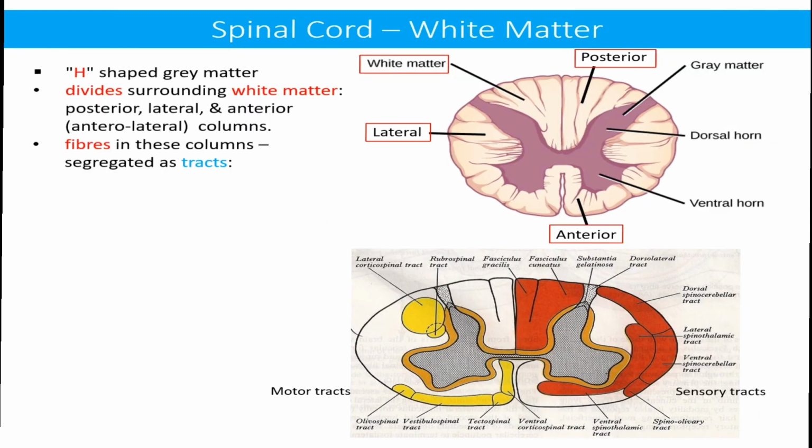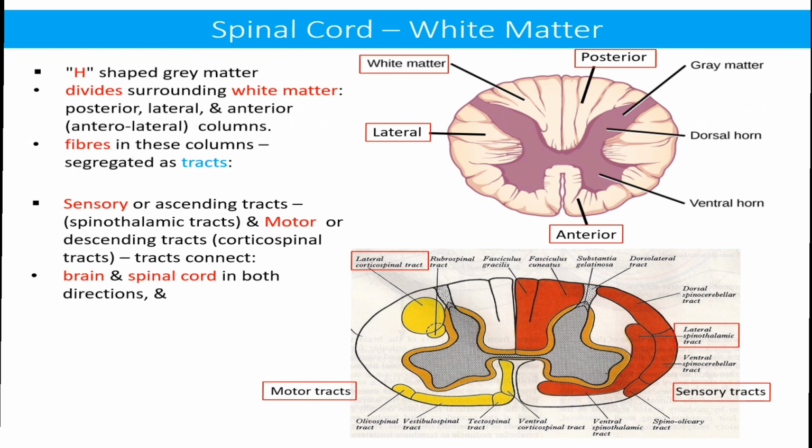The H-shaped gray matter of the spinal cord divides the surrounding white matter into posterior, lateral, and anterior or anterolateral columns. Fibers in these columns are segregated as tracts.